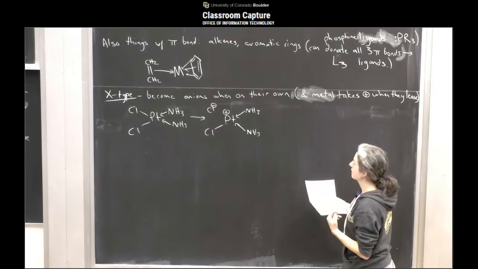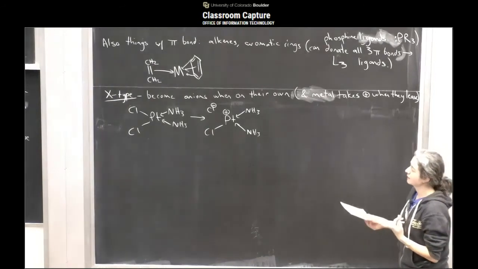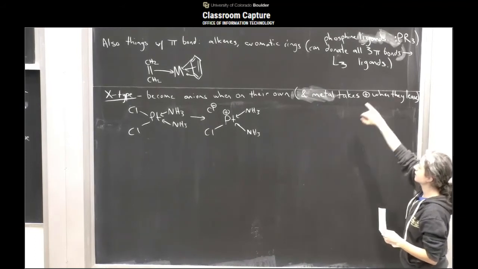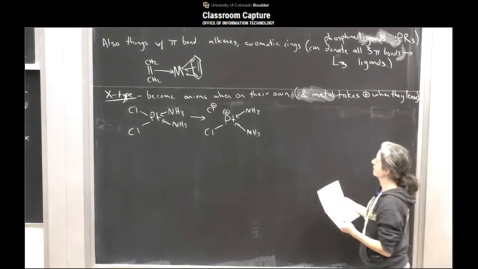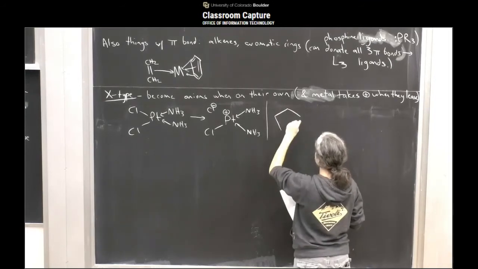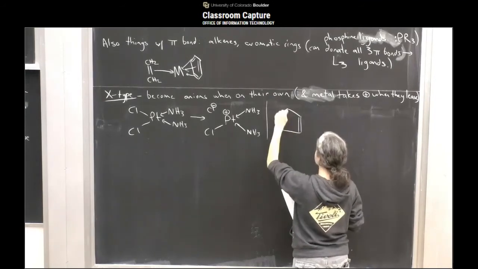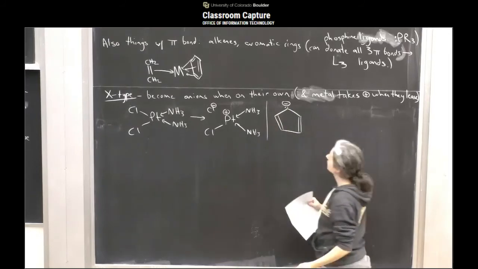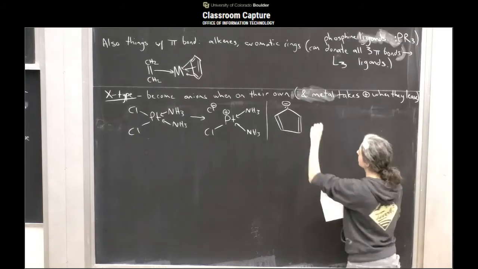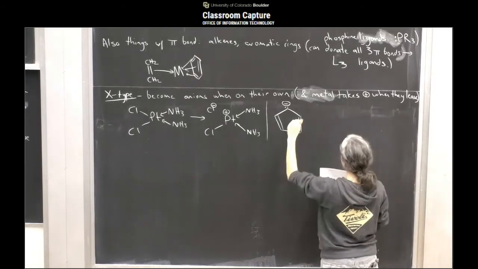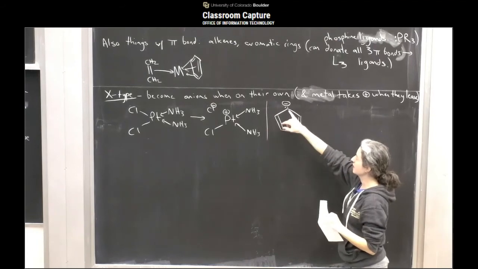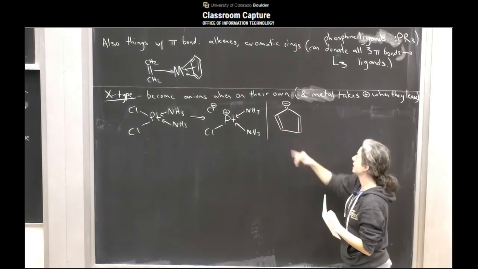we can actually have things that act as like L-type and X-type at the same time. So benzene is an L3 ligand. It's acting like 3 L-type ligands. This one is probably relevant to everyone who's taking lab right now. This thing, cyclopentadienyl, it's got 2 pi bonds, so it's sort of a double L-type, and it's also got this negative charged anion here.